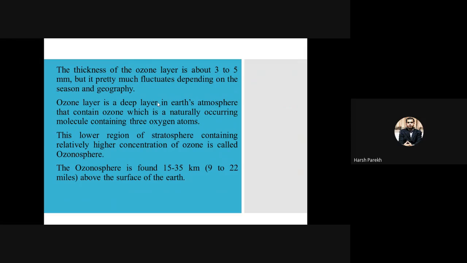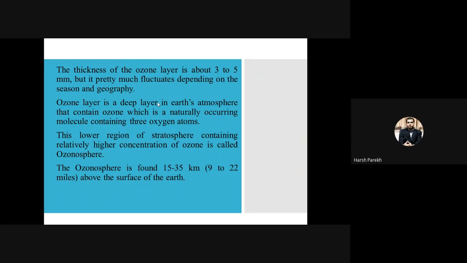The thickness of the ozone layer is about 3 to 5 mm, so it is really very less. 3 to 5 mm means half of a centimeter. So the layer is very thin, and hence it is easy to deplete. The ozone layer is the deep layer in the Earth's atmosphere that consists of ozone, which is a naturally occurring molecule containing three oxygen atoms.